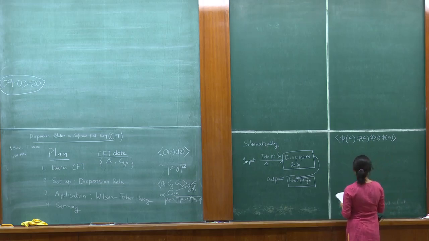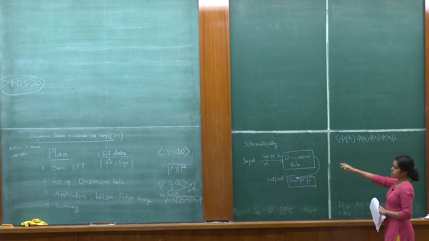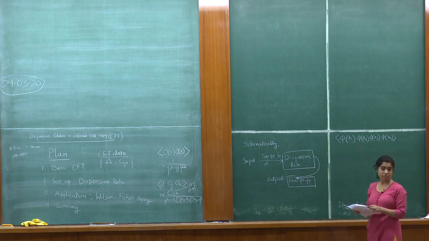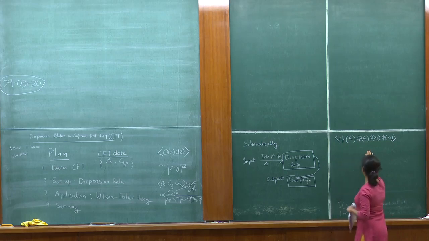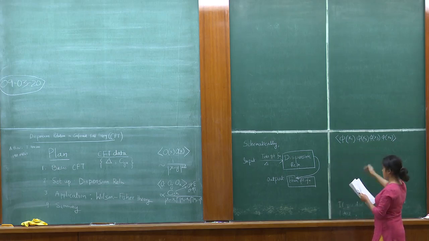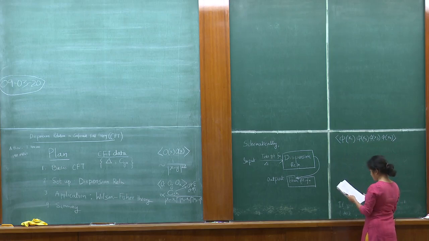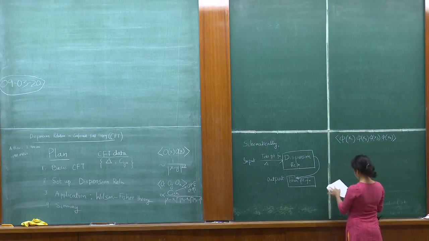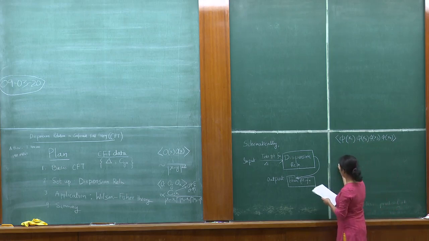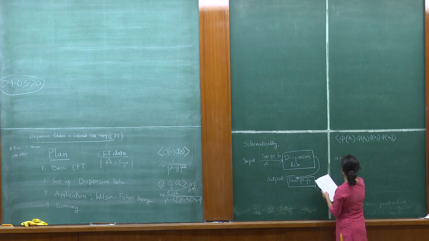And so this 4-point function is not fixed from conformal symmetry. It can be written in terms of conformally invariant cross ratios u and v, or in terms of z and z bar. So I will just write the cross ratios. I will frequently use z, z bar and u, v interchangeably.